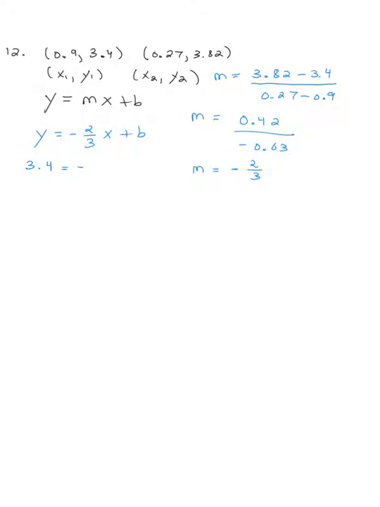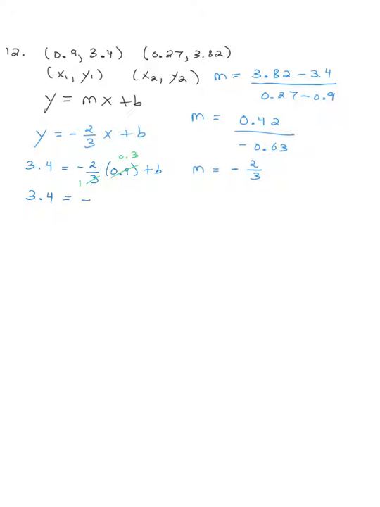3.4 is equal to negative 2/3 times 0.9 plus b. All right, so we have 3.4 is equal to, the answer is going to be negative on the right here. Well, 3 goes into 0.9 0.3 times, and then I'm going to multiply that by 2, which gives me 0.6.